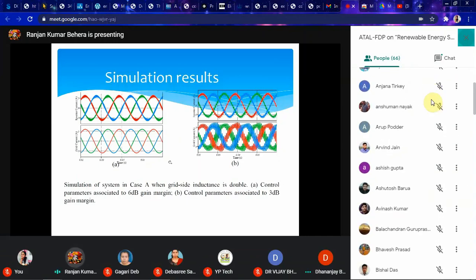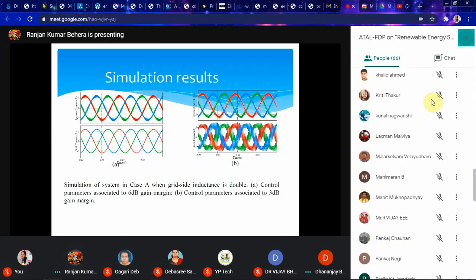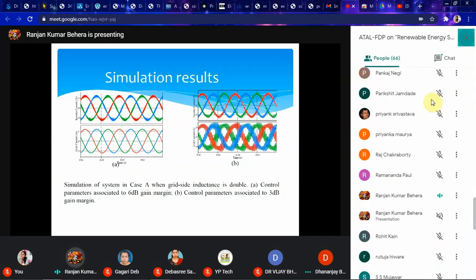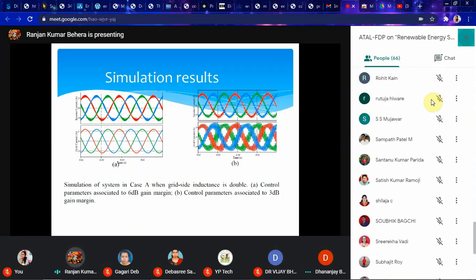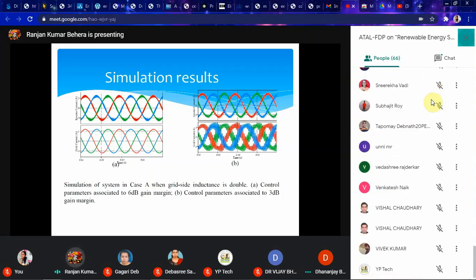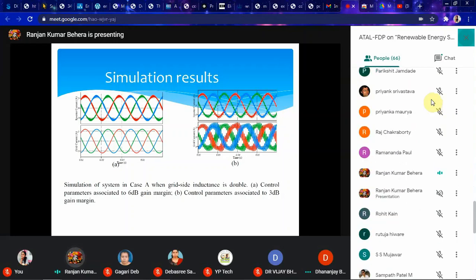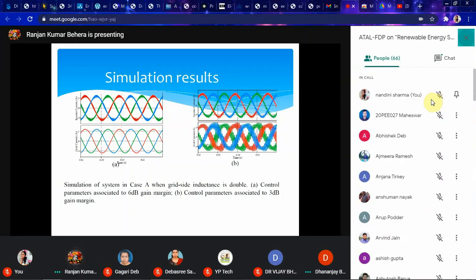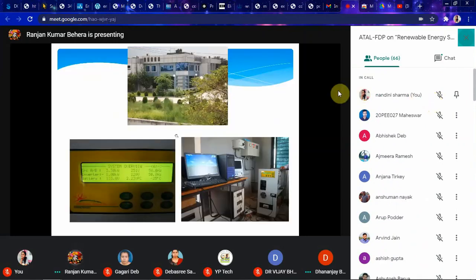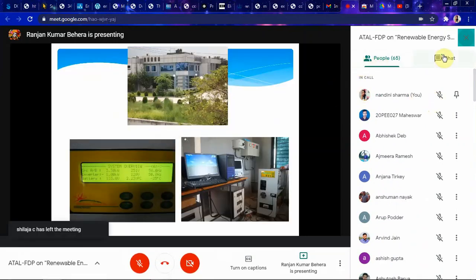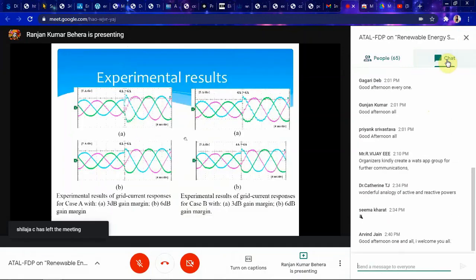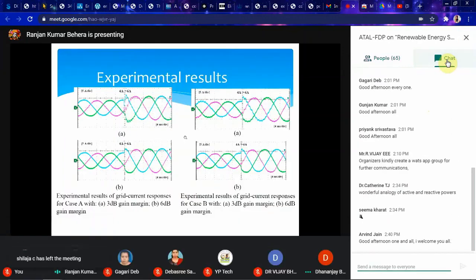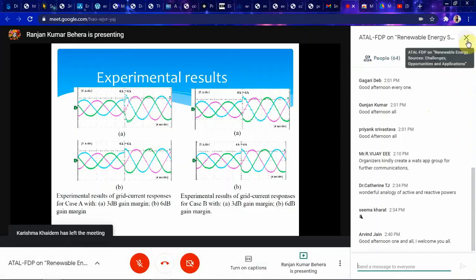And you can see here, when you have a lower gain margin, you have sustained ripple, or current ripple is observed in the waveform, whereas if you have a large or 6 dB gain margin, you have lower current ripple. So this complete unit is investigated and implemented here with our system, and you can see here at 3 dB, these are the experimental results.